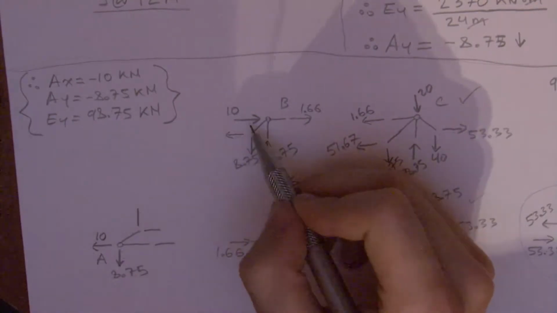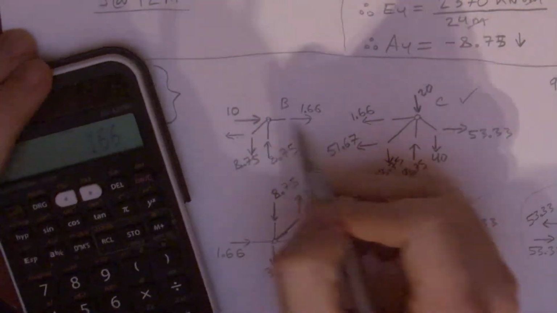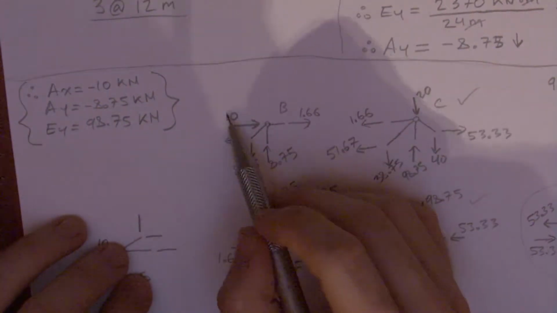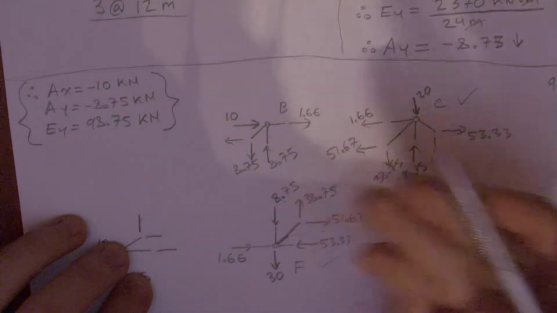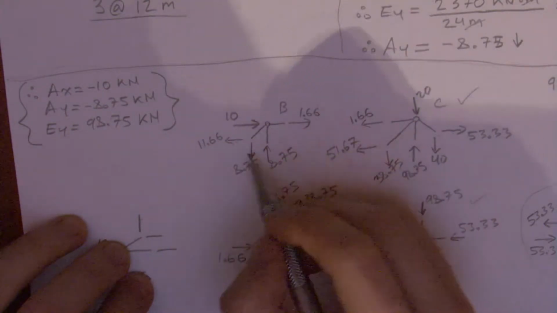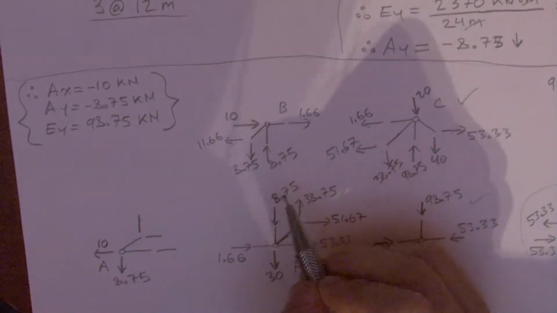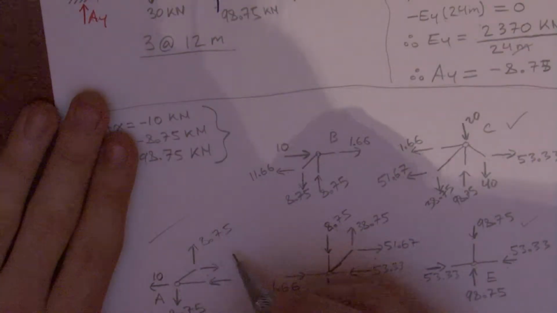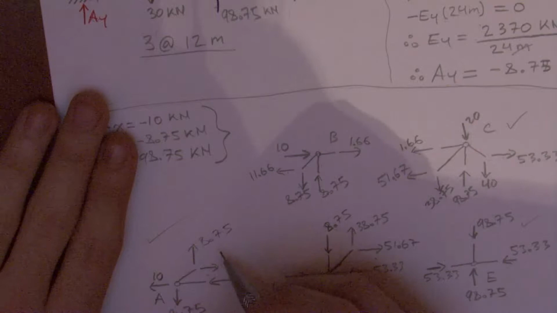Now to solve for this, we have one unknown and two knowns. I mean, we don't even have to use a calculator. We can just look at it. Look, we have 11.66 going to the right, so we're going to have 11.66 going to the left. So that's 8.75 here, going down, and that makes sense because this cancels out.